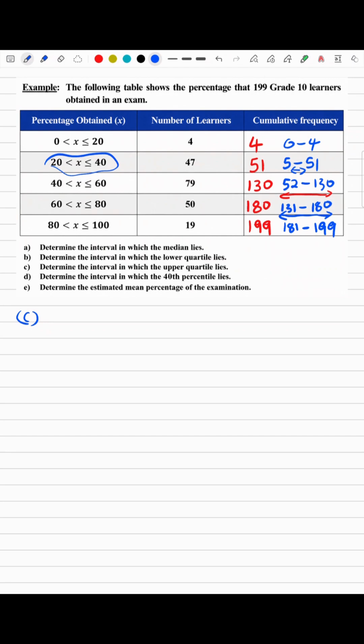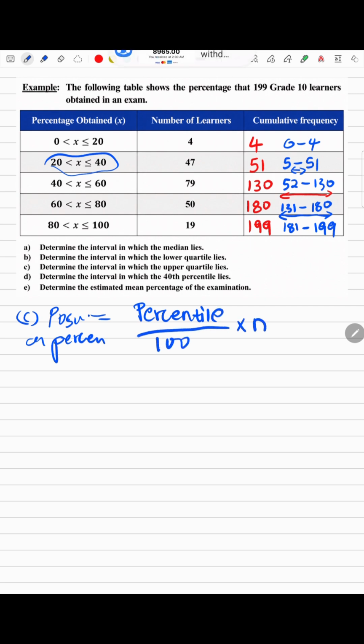Let's determine the interval in which the 40th percentile lies. We're going to do the same thing. We find the position of the 40th percentile. For the position of the percentile, we're using this formula: position of percentile is equal to percentile over 100 multiplied by n, the number of values in the data set.